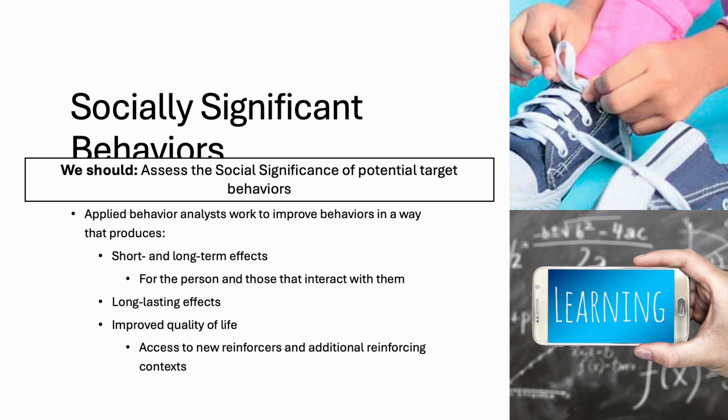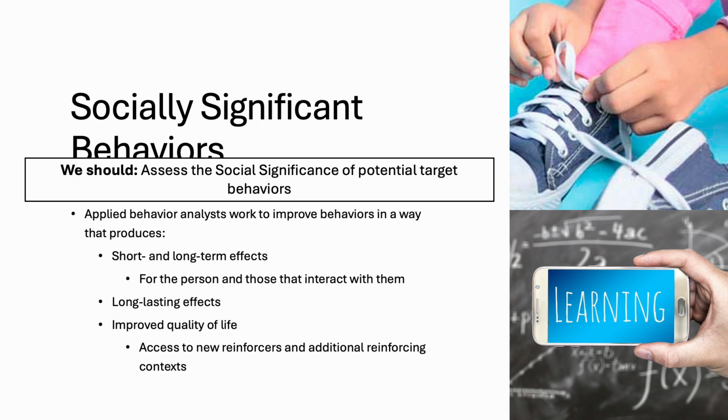That sounds so subjective, but improving a person's quality of life can mean something as simple as broadening their communication, or giving them the possibility to access new reinforcers and to engage with new individuals. It enriches their environment. Okay, so we want to prioritize behaviors that will meet these 3 criteria: that produce short and long-term effects, that have long-lasting effects, and that will improve a person's quality of life.